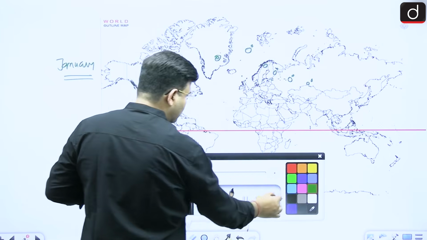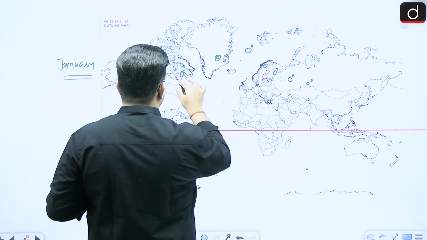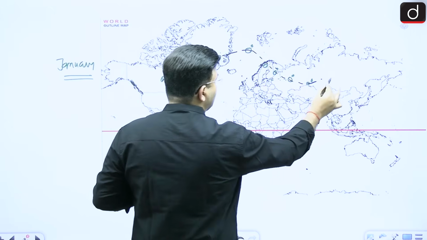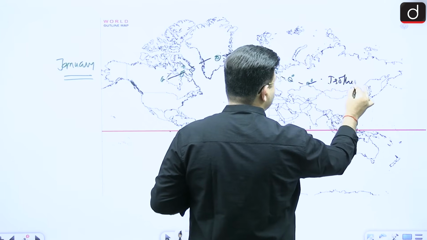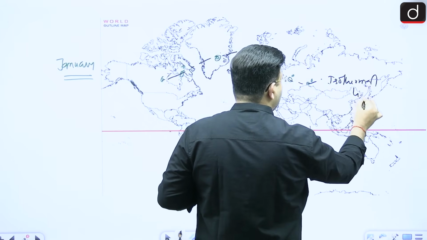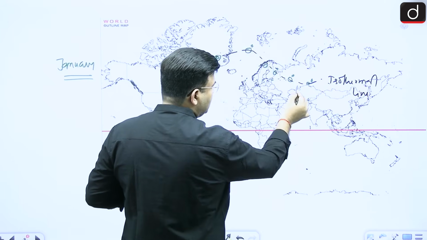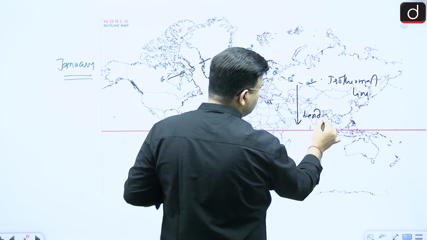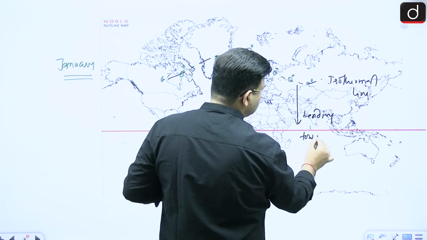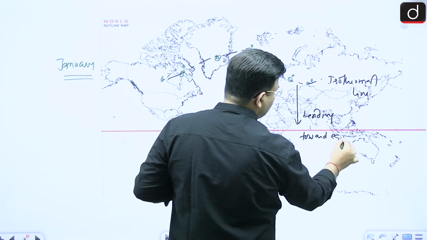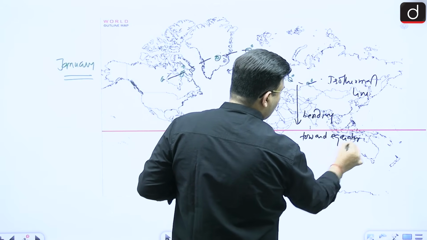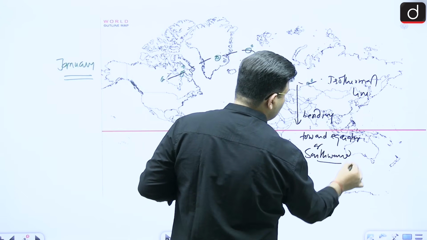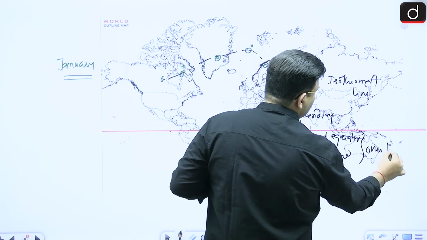If I join the line, this is your isothermal line. In the isothermal line, it is bending towards the equator or southward over the land.